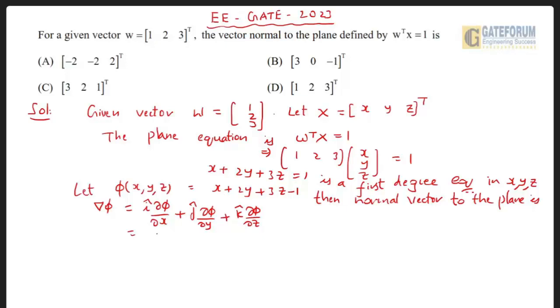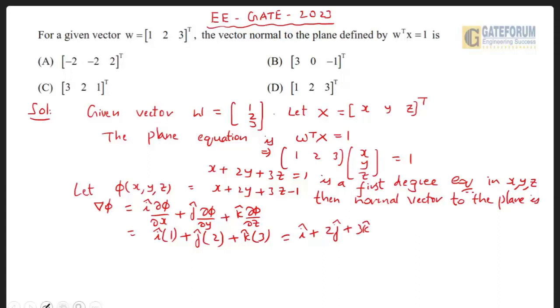So this is I cap into 1 plus J cap into 2 plus K cap into 3. This is the normal vector, that is I cap plus 2J cap plus 3K cap.